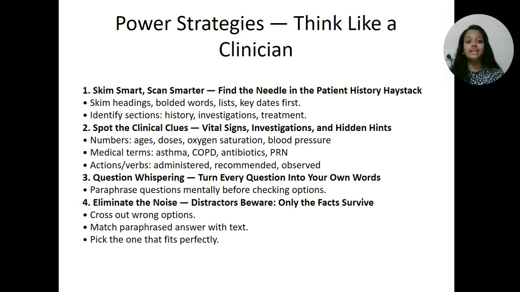I mean, literally glance through headings, bolded words, lists, and key dates. Don't read every word. Just get the structure. What's the history? What's the investigation? And what's the treatment? Then, when a question asks about, for example, treatment recommendations, you already know exactly where to look, right? So, this saves massive time.